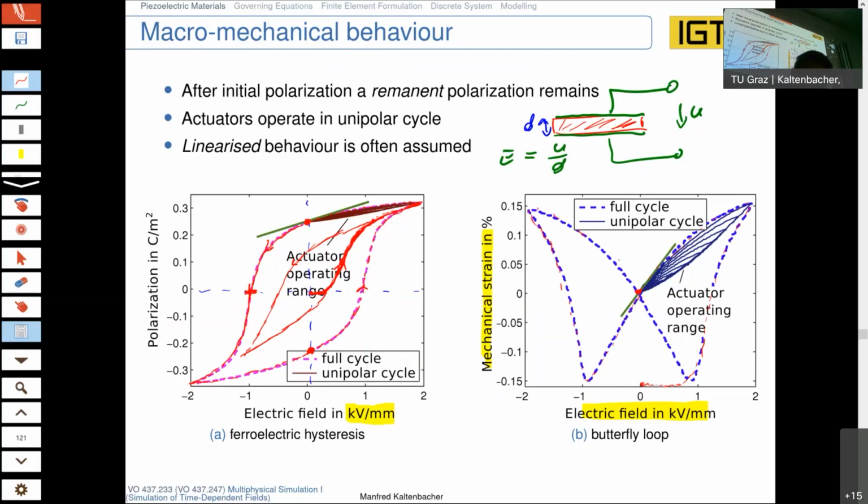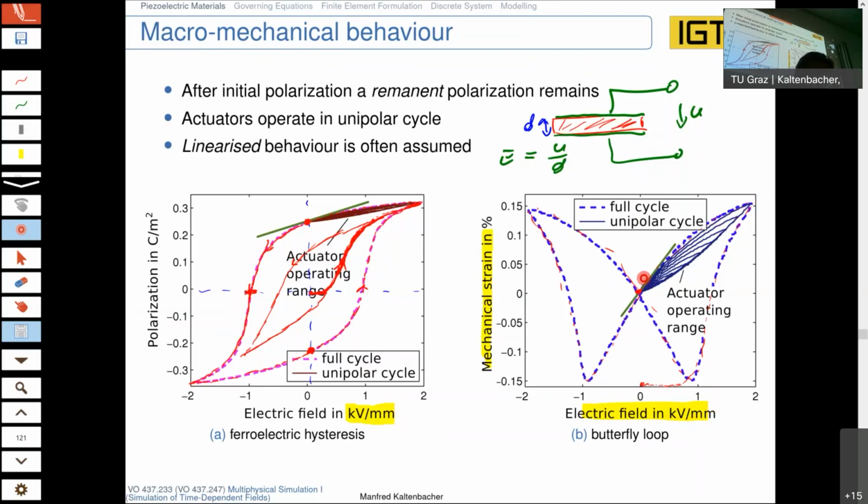Yeah, what you get out when you apply, let's say, a sine function to the applied voltage, being a quite high voltage or a very thin disc. And that will be the case: our actuators, where we have the piezoelectric material, will always be quite thin, because you need kilovolts per millimeter, as you see, about 2 kilovolts per millimeter, in order to really polarize it, and you have a remnant polarization.